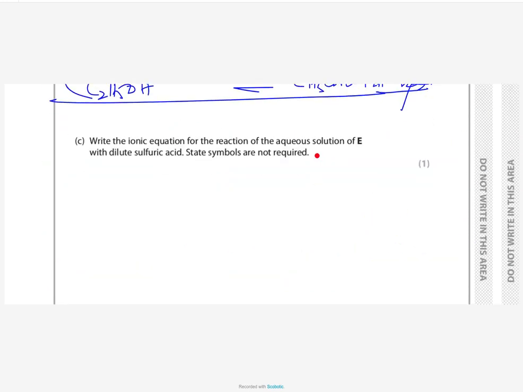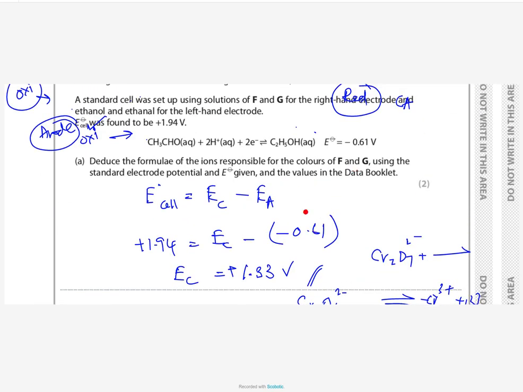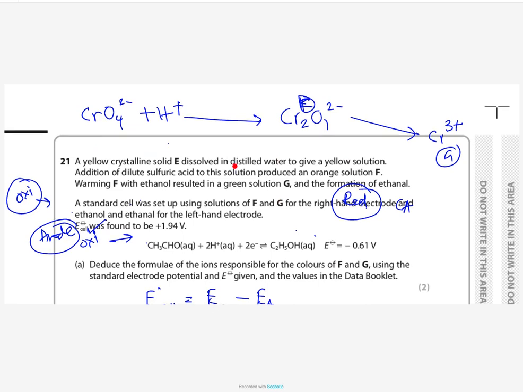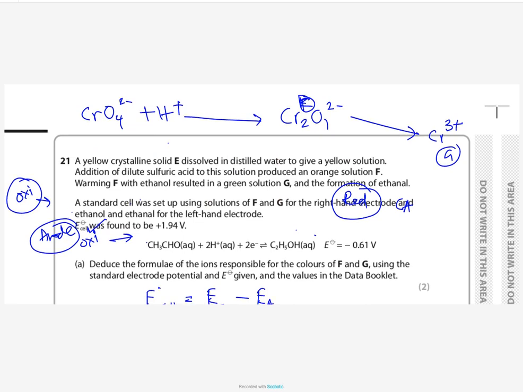Write the ionic equation for the reaction of aqueous solution of E with dilute sulfuric acid. What is the aqueous solution of E? What is E here? A yellow crystalline solid. E is dissolved in water. So E is what? As I mentioned before, it is the chromate.